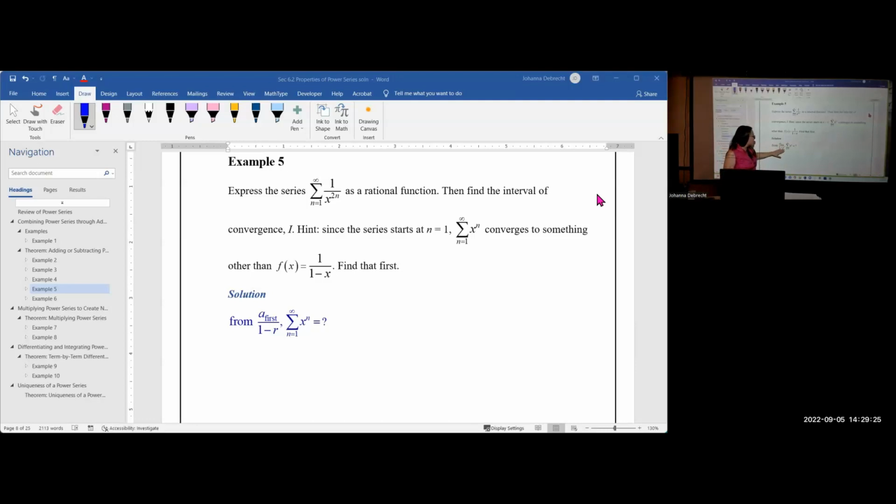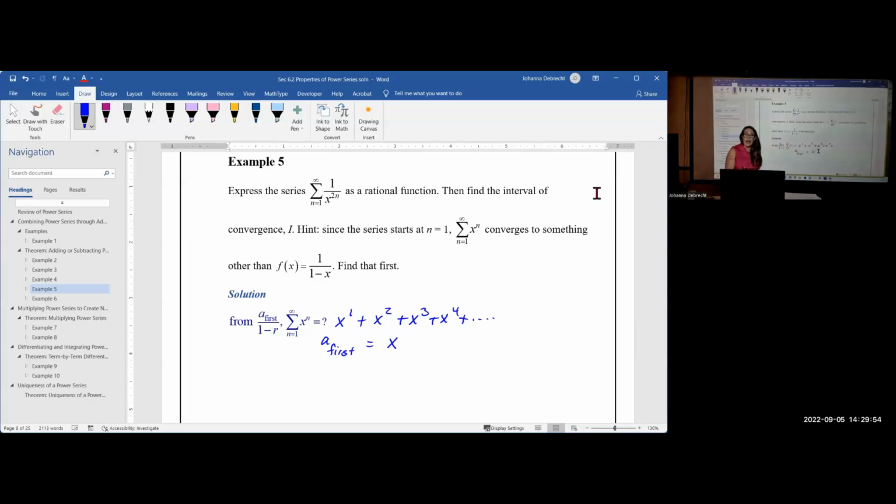So from a first over 1 minus r, the first thing we want to do is represent what this looks like. Now, if you need to, go ahead and write out some of the terms. You have x to the first plus x squared plus x cubed plus x to the fourth plus dot, dot, dot. We can see that in this case, the first term in the series is x to the first, or just x.